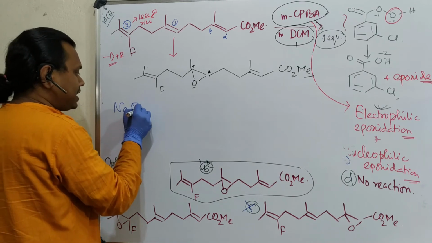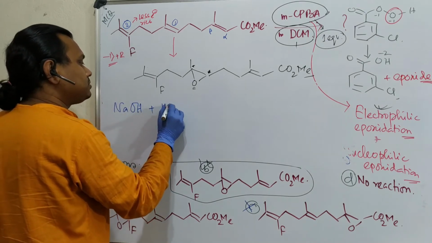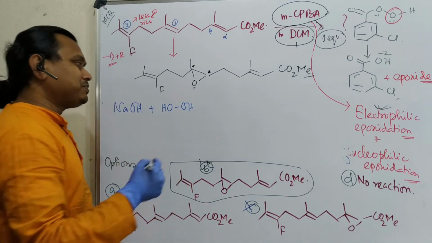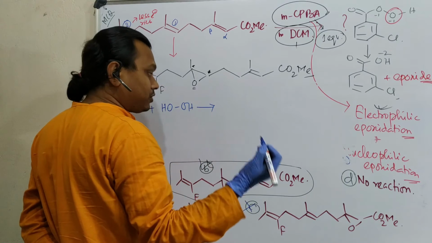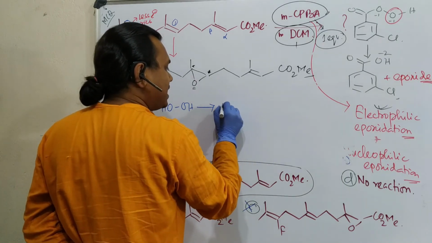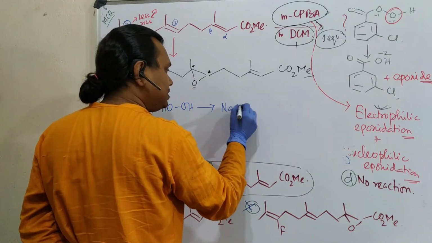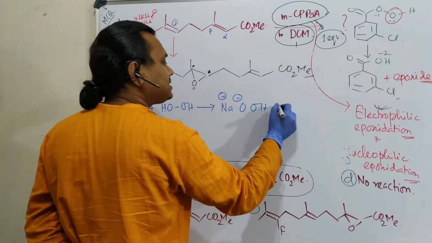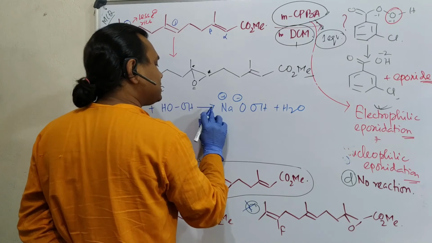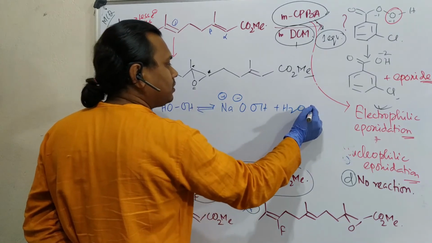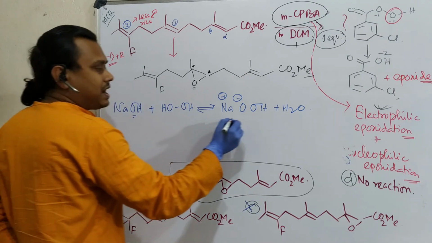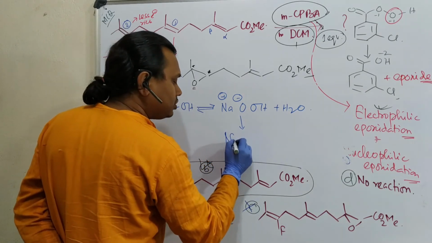Sodium hydroxide is a stronger base and hydrogen peroxide gives a better nucleophile, that is the hydroperoxide anion, OOH minus, Na plus, and H2O. Better to say, you can consider this an equilibrium. Now the question is, this is a stronger base and this is a stronger nucleophile.